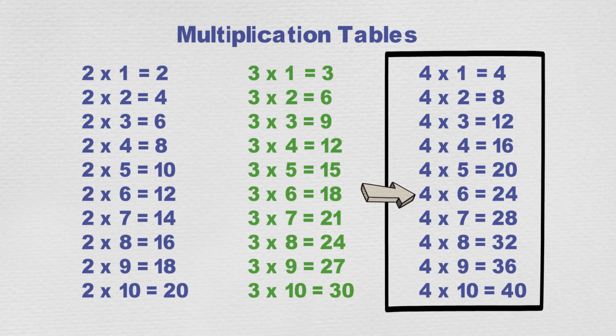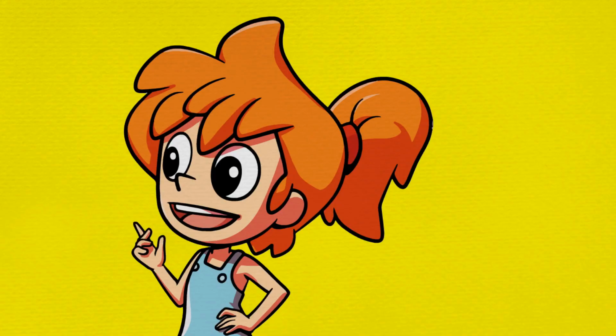I have just printed out all the times tables from 1 through to 10 so we can see the results of multiplying any one-digit number by another one-digit number or by 10." "That is excellent, Max!" exclaimed his sister.